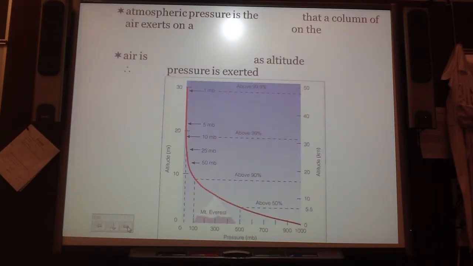Now, atmospheric pressure is the force that a column of air exerts on a particular area on the Earth's surface. We kind of already talked about this. Air is less compressed as altitude increases.